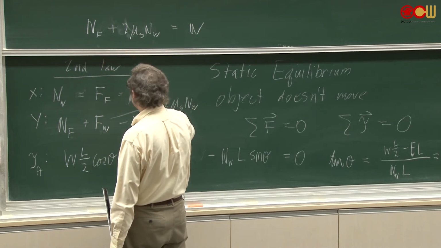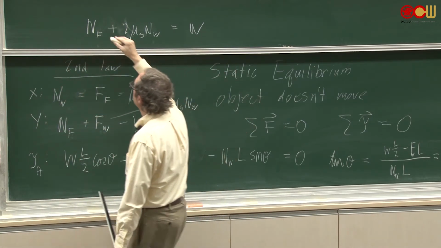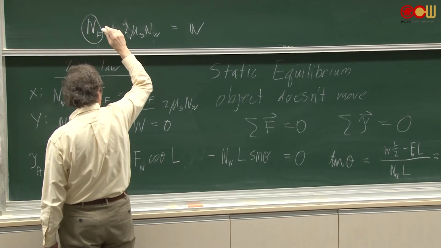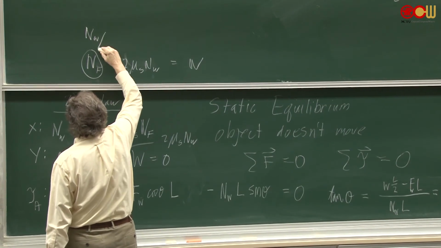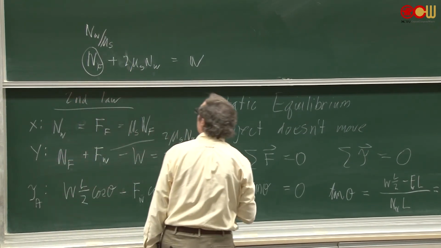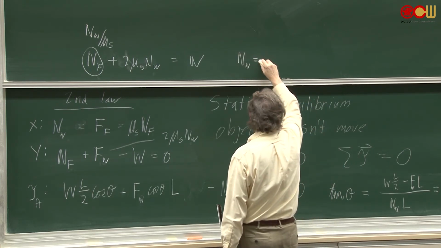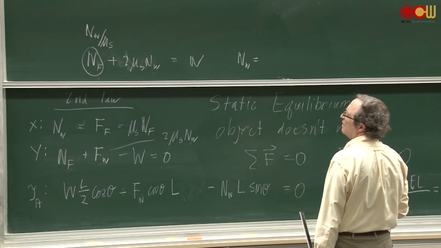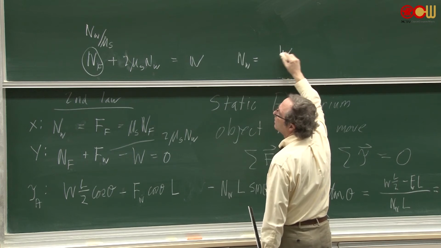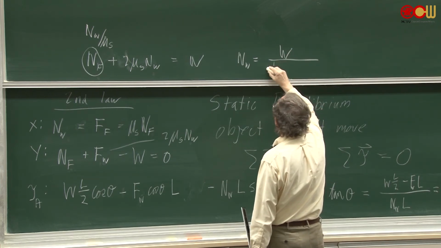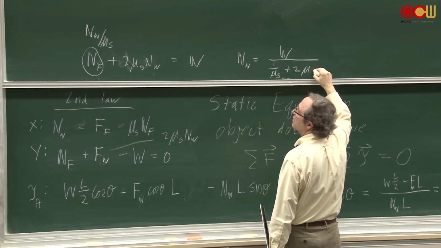And then we could get rid of one of these. N floor is N wall over mu s, right? So this is N wall over mu s. All right? So then I can say N wall is equal to W divided by 1 over mu s plus 2 mu s.